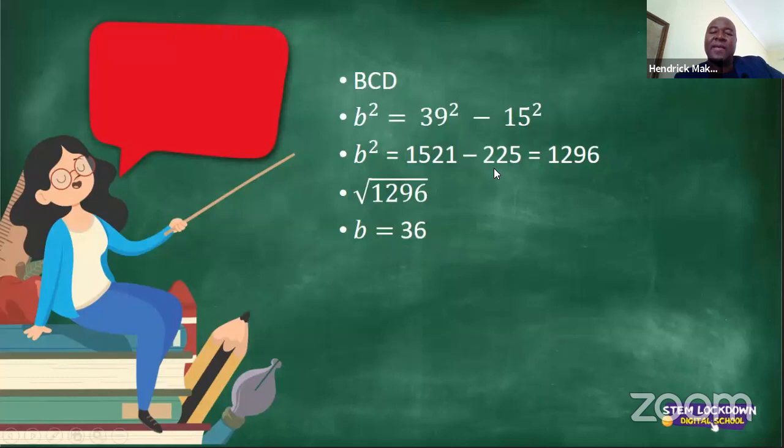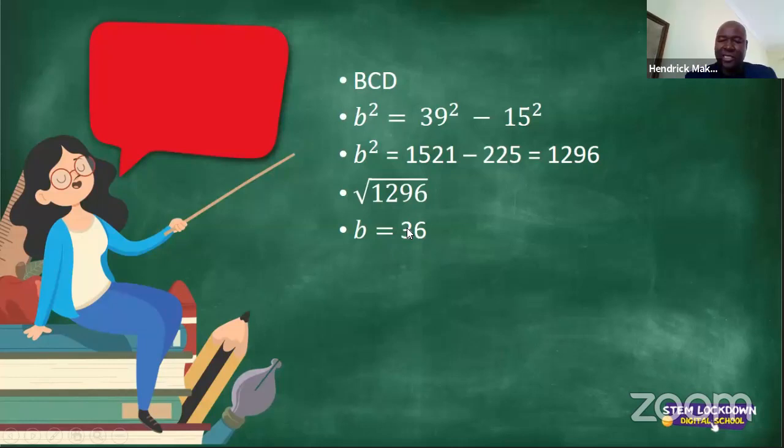And as you can see, when you subtract 225 from 1,521, you'll get 1,296. And of course, the square root of 1,296 is required in order to find B. Therefore, B will be equal to 36.